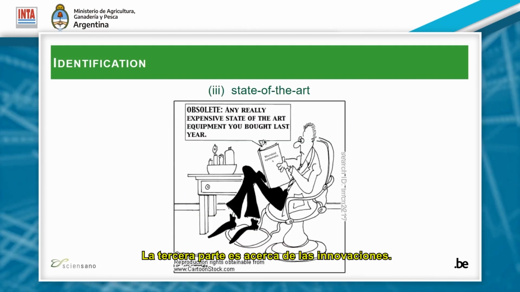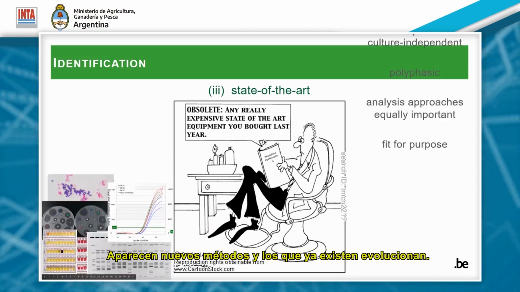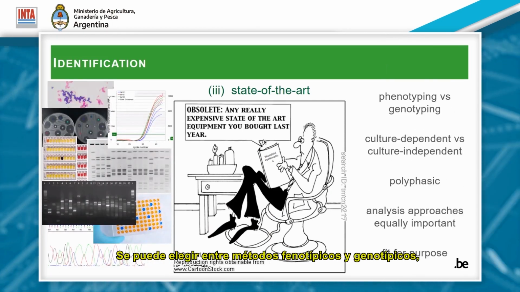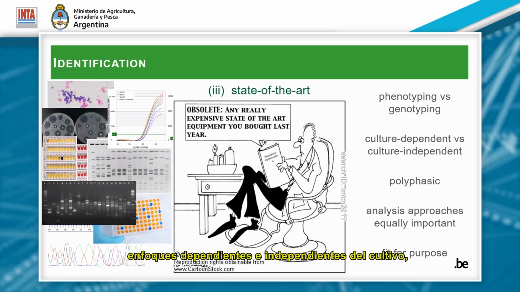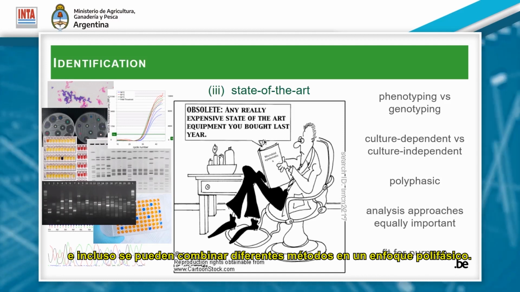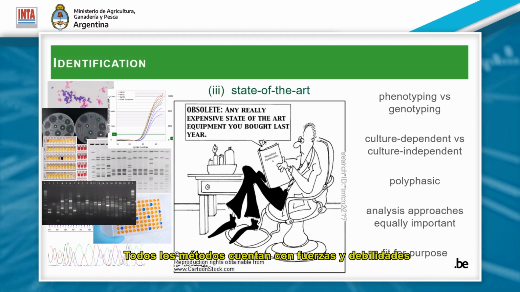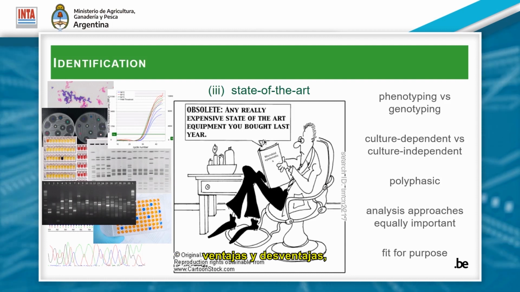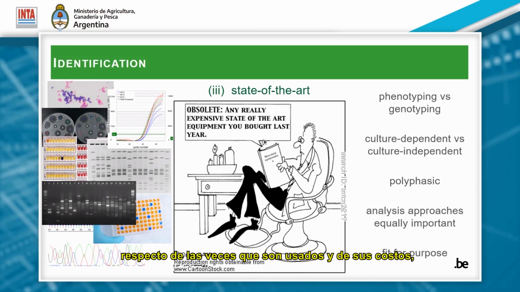The third element is the state of the art. New methods arise, existing ones evolve. We can choose between phenotyping and genotyping methods, culture-dependent or independent approaches. We can even combine multiple methods in a polyphasic approach. All methods have their strengths and weaknesses, their advantages and disadvantages, on the level of time, ease of use, costs.